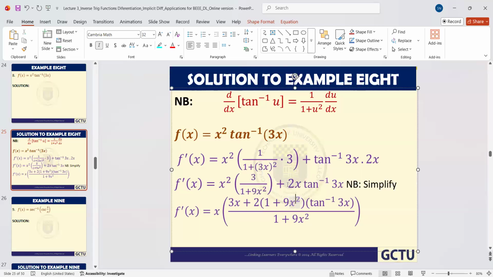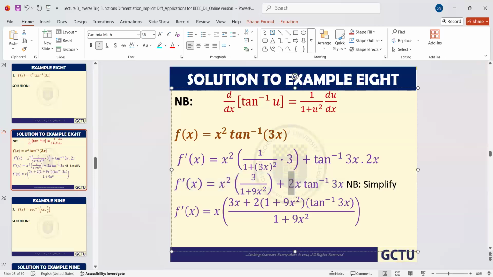The right-hand side will give me 2x, then tan inverse of 3x. Now, to simplify this, all I try to do is put all this into one bracket. It means I find LCM. Okay, so this one, the whole of this will have LCM of 1. Denominator is 1. And then placing them so that x multiply.